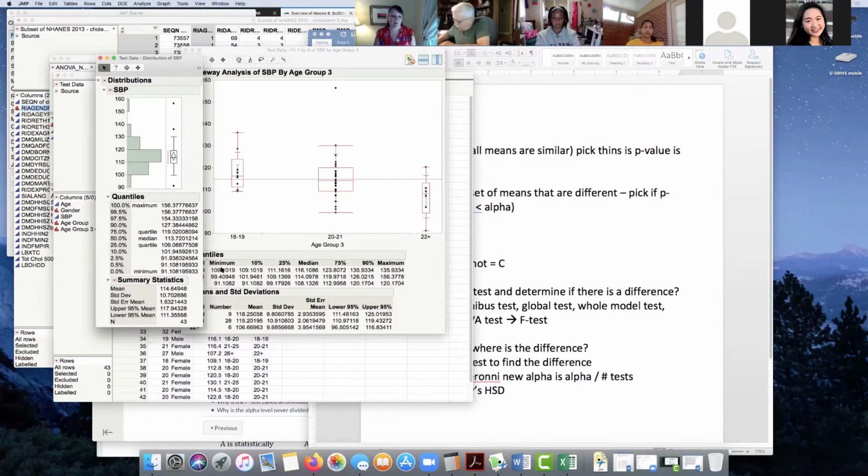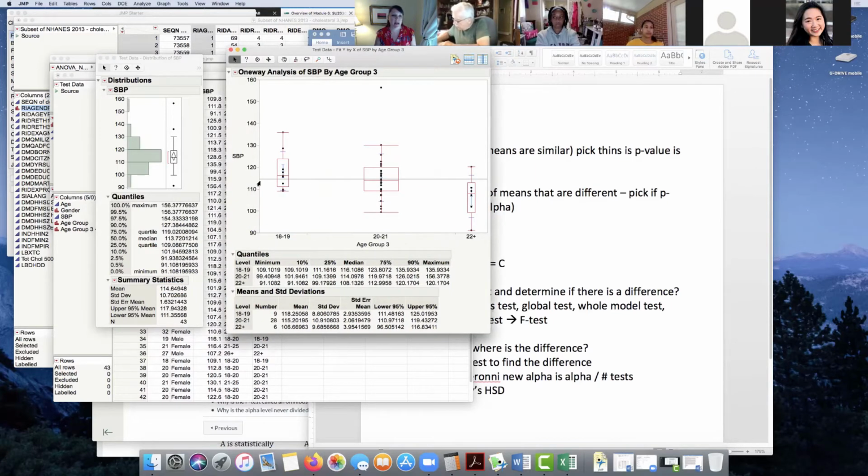That if I look at it by age, they're all going to have a similar mean BP. When I do my fit Y by X, my gray bar here is my overall mean at 114.6. Here are my individual groups. Got one big old outlier up here. Ooh, it's 156.